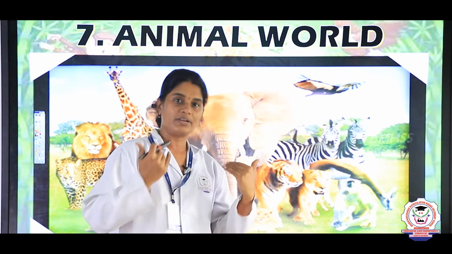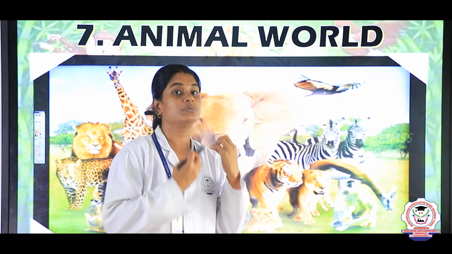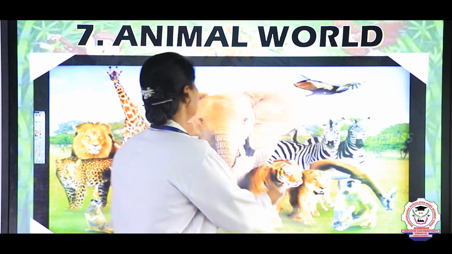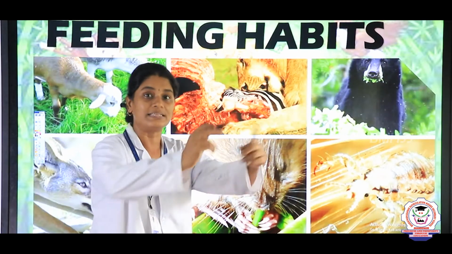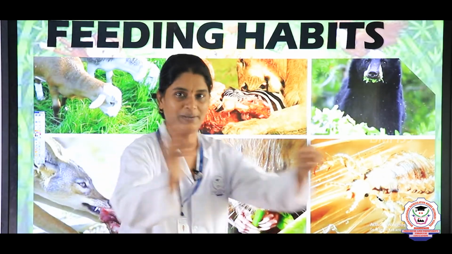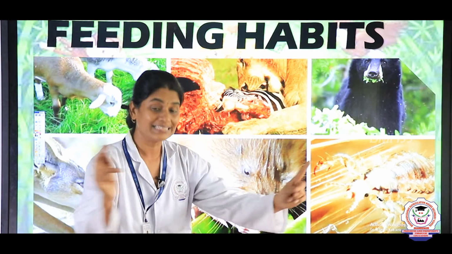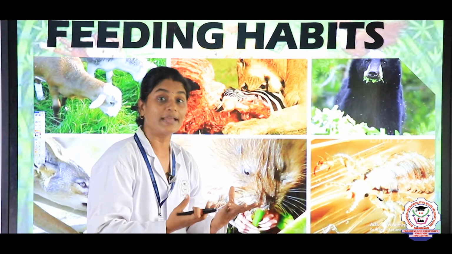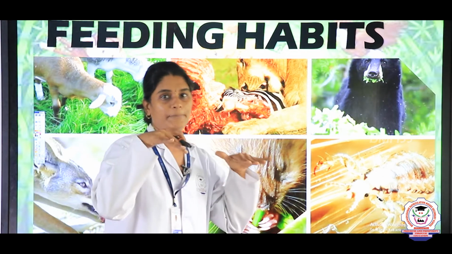So the body covering has to be well suited for the survival of the animal. Likewise the feeding habits. Habitat means place, right? So the place has to provide food. Then only can the animal live in that particular place.